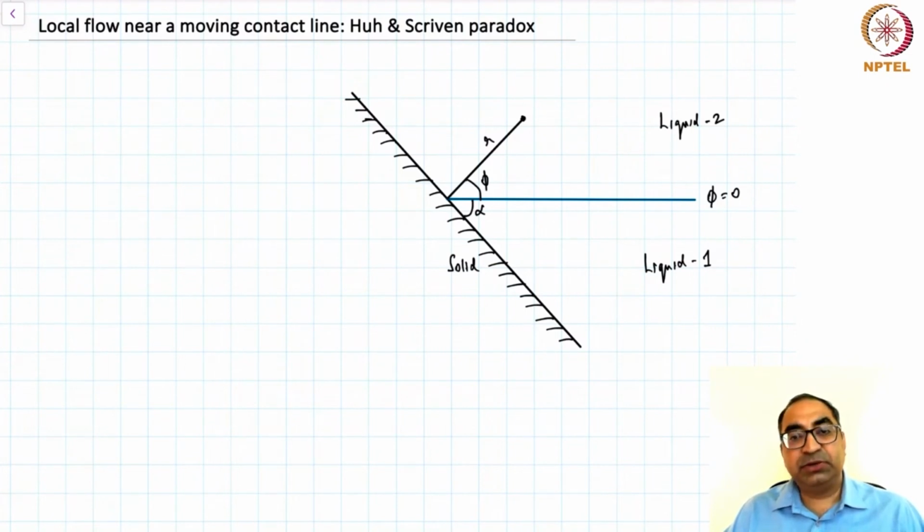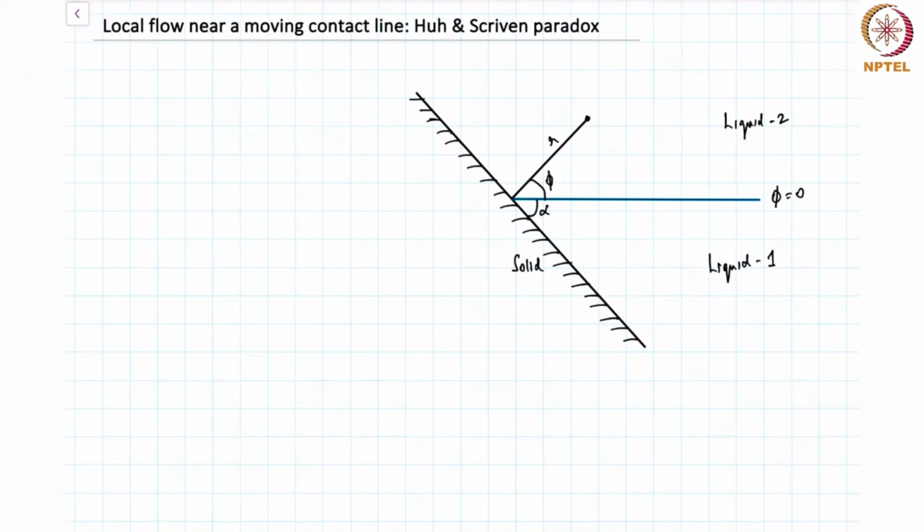So in some sense, this solution that Huh and Scriven found should ideally be thought of as a solution that is juxtaposed between a microscopic solution for which a lot of research is currently happening, as well as a macroscopic solution which would vary from problem to problem. So let me first discuss the general setup of the Huh and Scriven solution, and then we will look at their solution for a very special case so that the analysis becomes easy and tractable, and we won't spend too much time on messy calculations, but rather look at the main essence of the paradox.